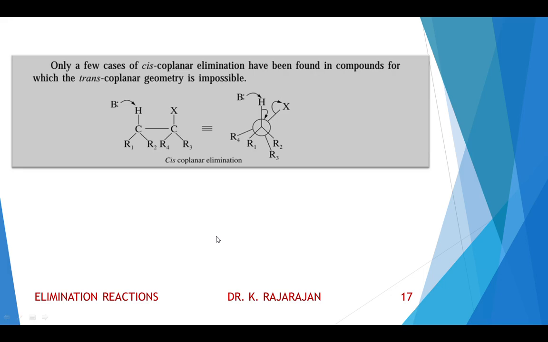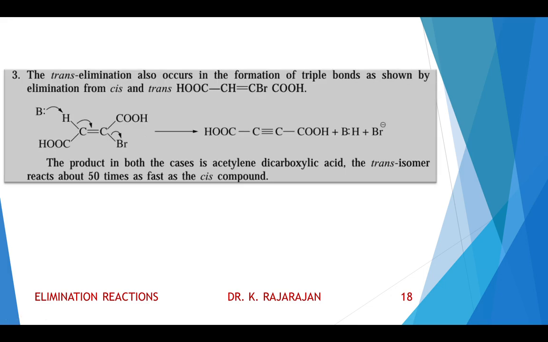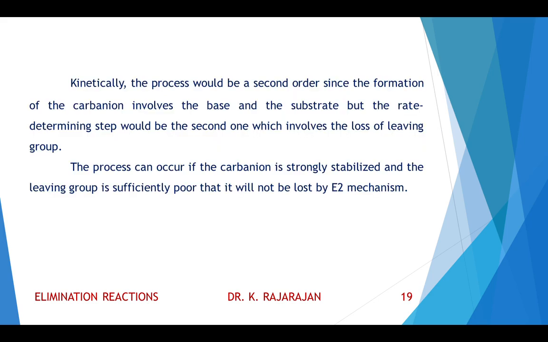The trans elimination also occurs in the formation of triple bonds, as shown by elimination from cis and trans isomers. The product in both cases is acetylene dicarboxylic acid. The trans isomer reacts about 50 times as fast as the cis compound.